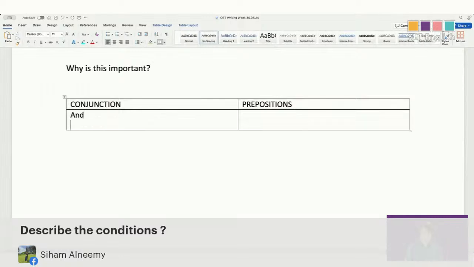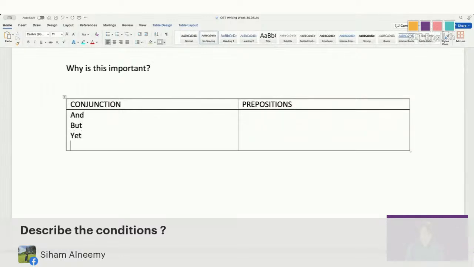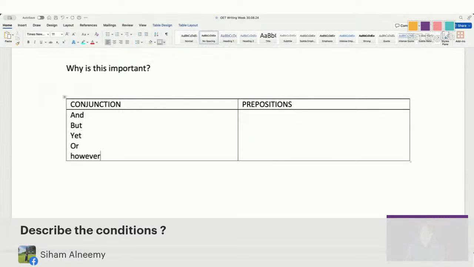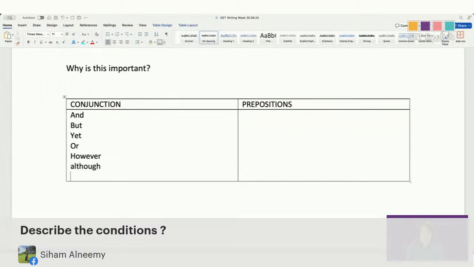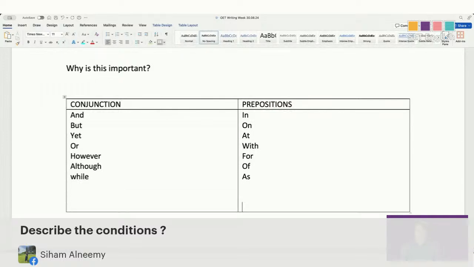Conjunctions: and, but, yet, or, however, although, while, okay? Prepositions: in, on, at, with, for, of, one more, as, okay? Now here's the question.